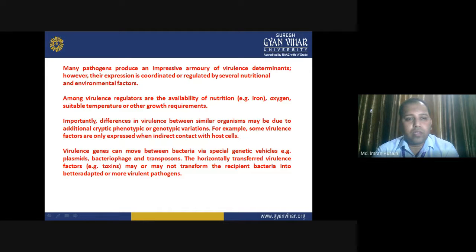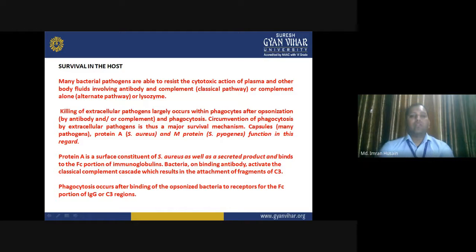For example, some virulence factors are only expressed when in direct contact with host cells. Virulence genes can move between bacteria via special genetic vehicles, for example plasmids, bacteriophage, and transposons. The horizontally transferred virulence factors, for example toxins, may or may not transform the recipient bacteria into a better adapted or more virulent pathogen.